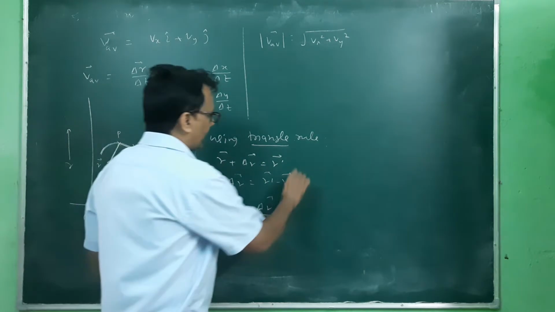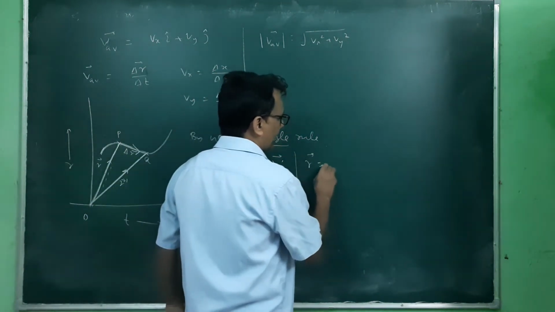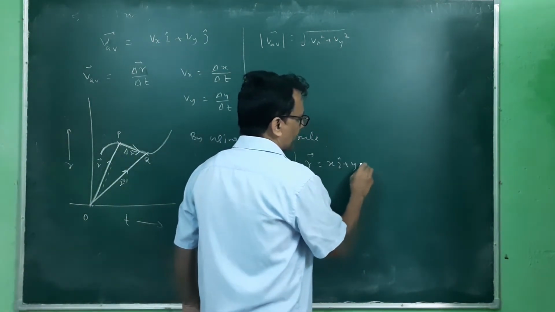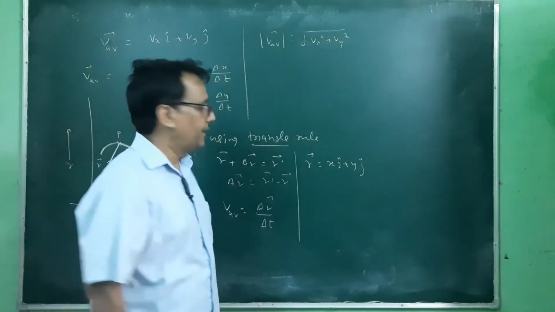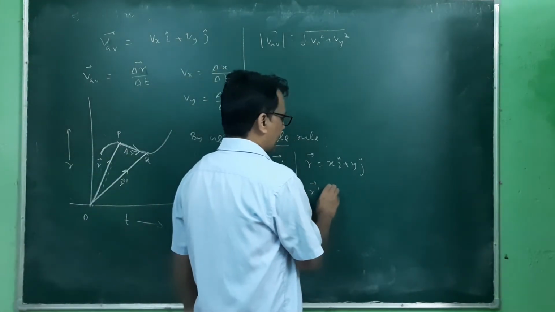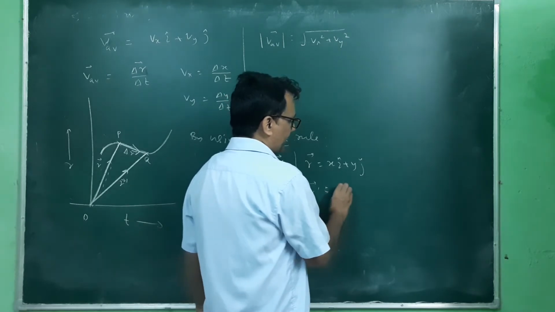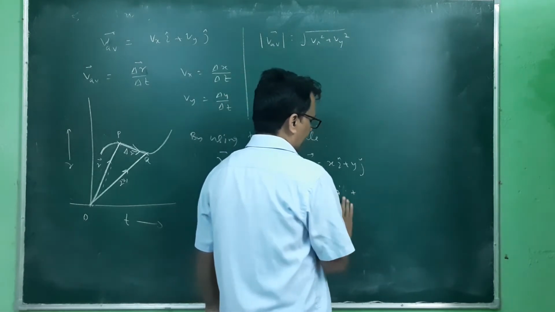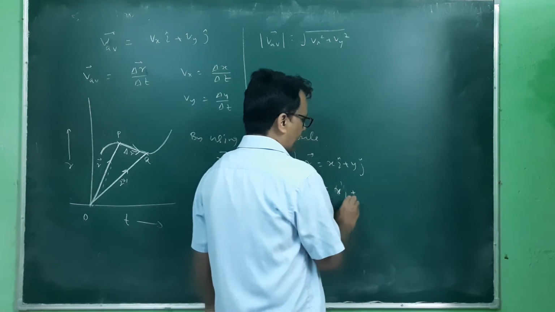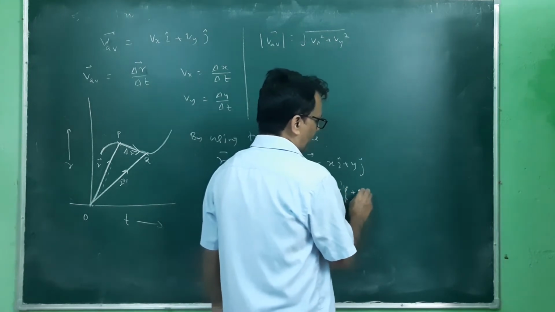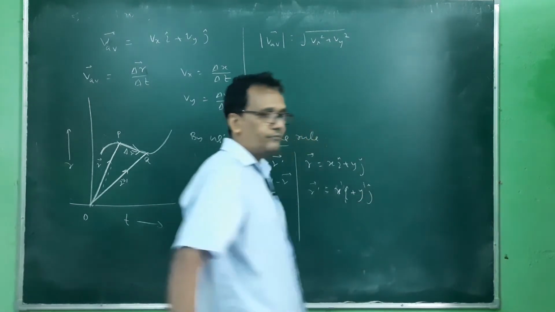Vector r can be written as xi plus yj, and r prime can be written as x prime i plus y prime j cap.